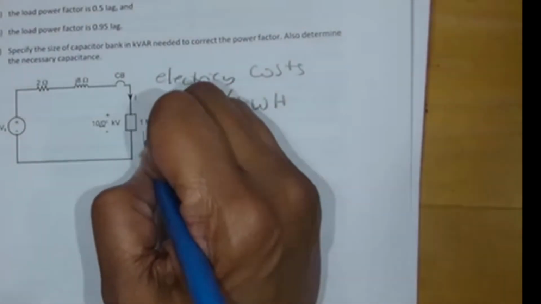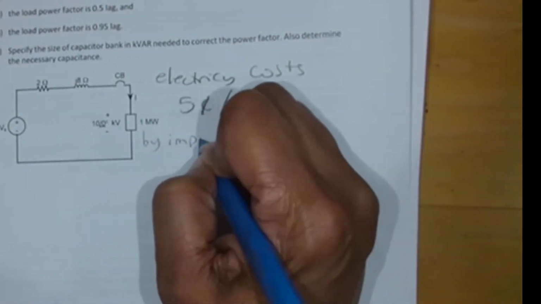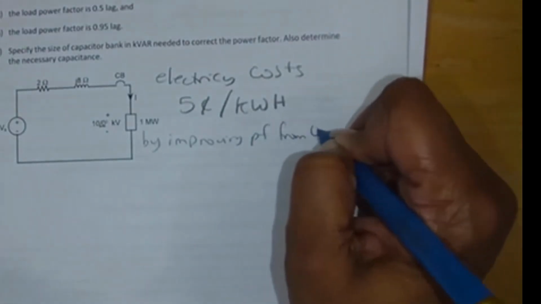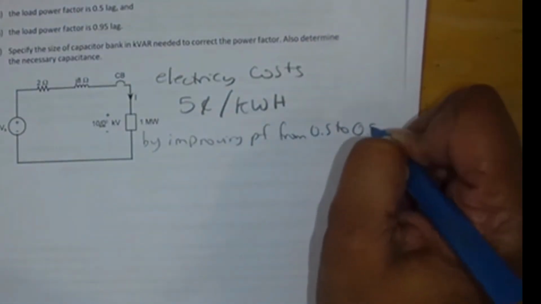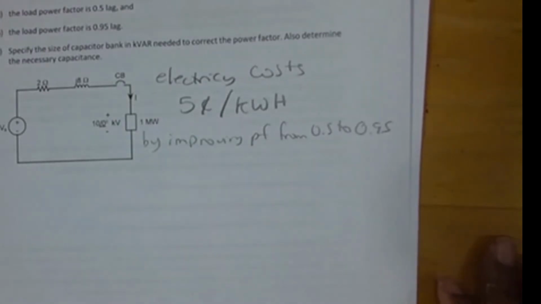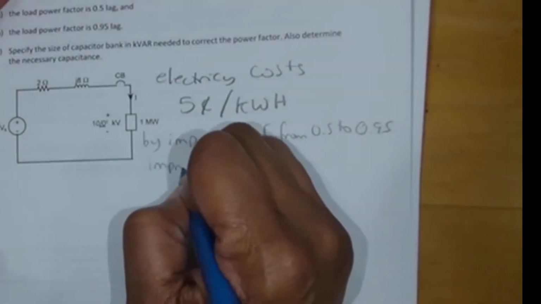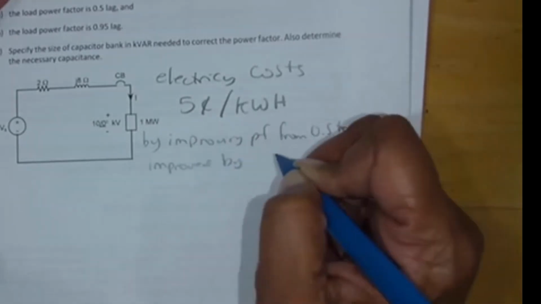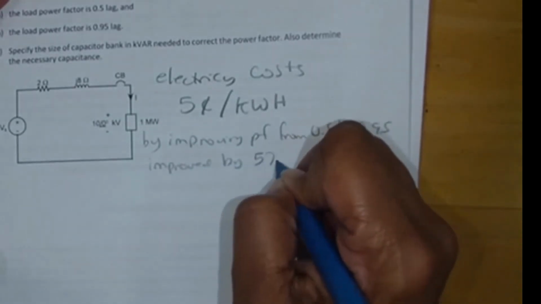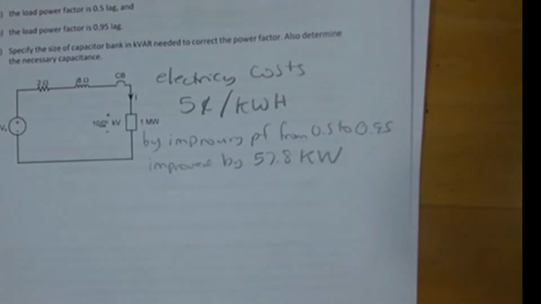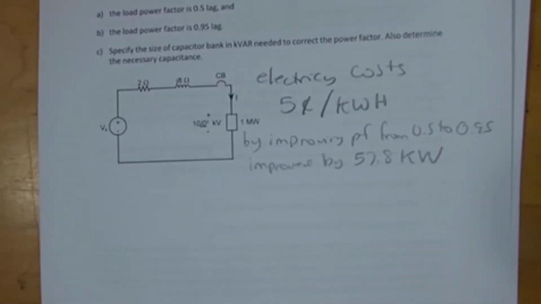So by improving the power factor from 0.5 to 0.95, the power was improved by 57.8 kilowatts, right?